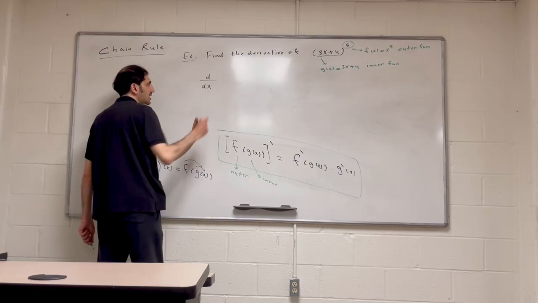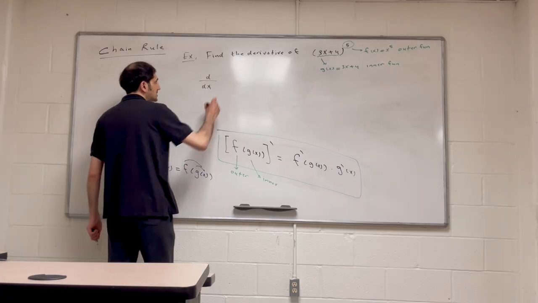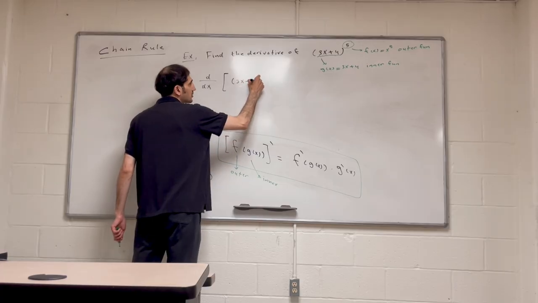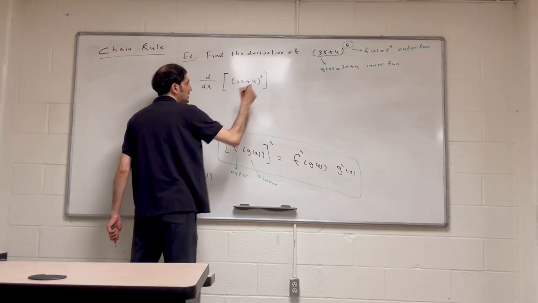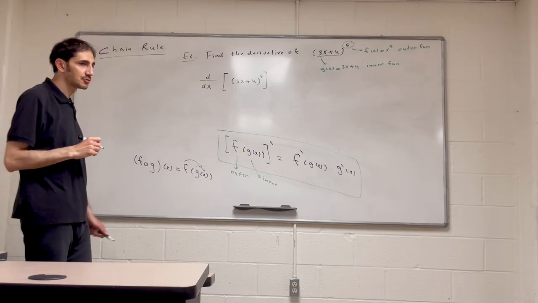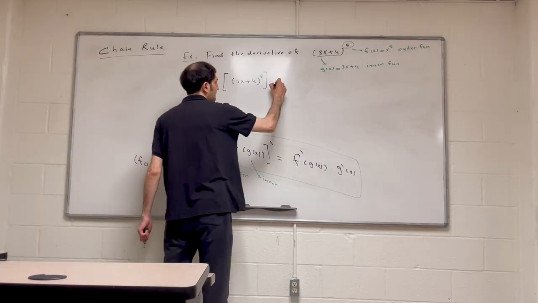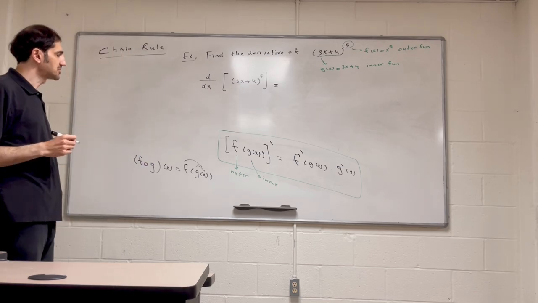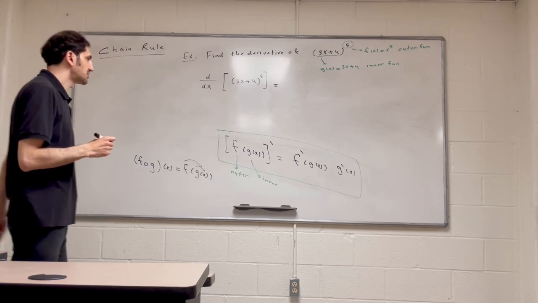If I want to find the derivative of this, I will write it as follows: derivative with respect to x of the function 3x plus 4 to the power of 5. According to the rule, I have to take the derivative of the outer function first, then multiply by the derivative of the inner function. What is the outer function?